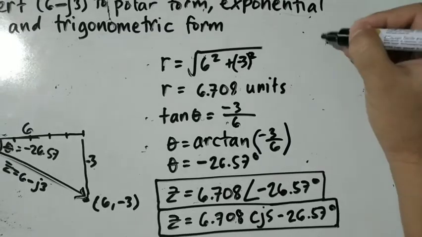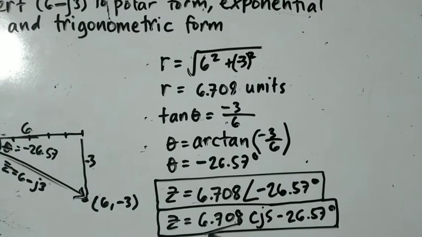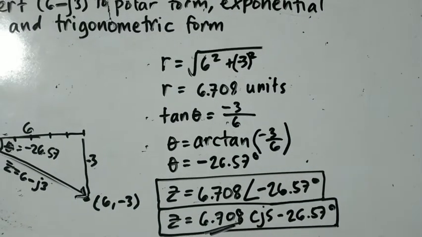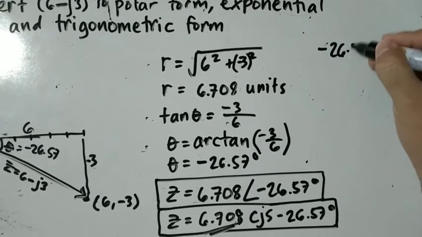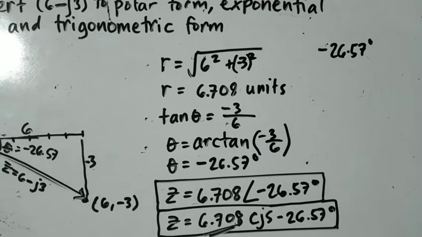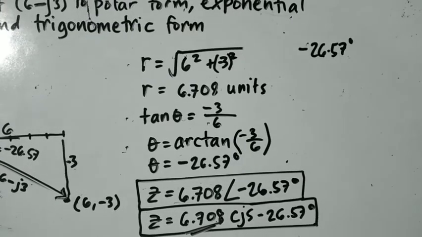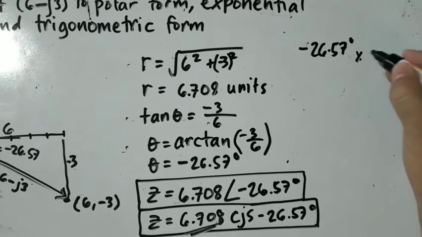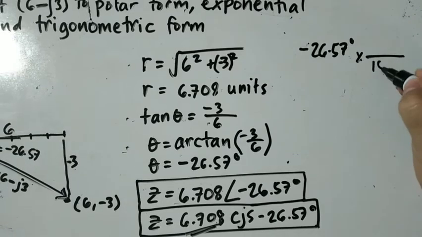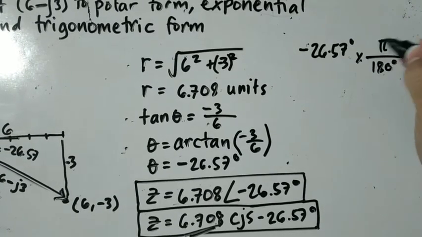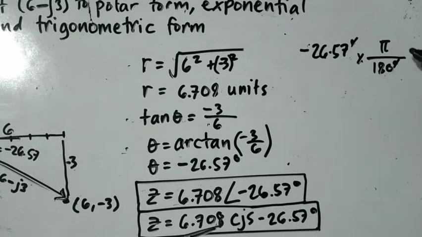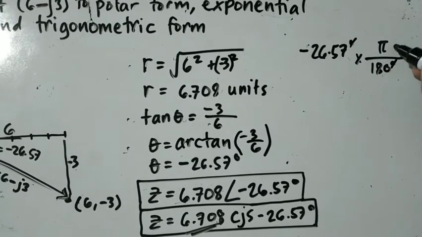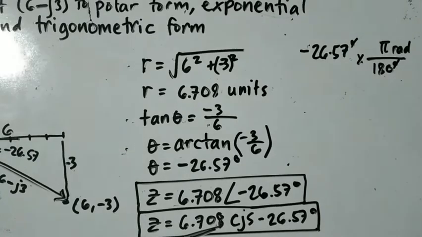So for the exponential form, you simply copy the r, which is 6.708, and then we simply convert negative 26.57 degrees to radian. So how do we convert degrees into radian? We simply multiply it by pi over 180 degrees, where we cancel our degrees, and the resulting unit here is pi radian.